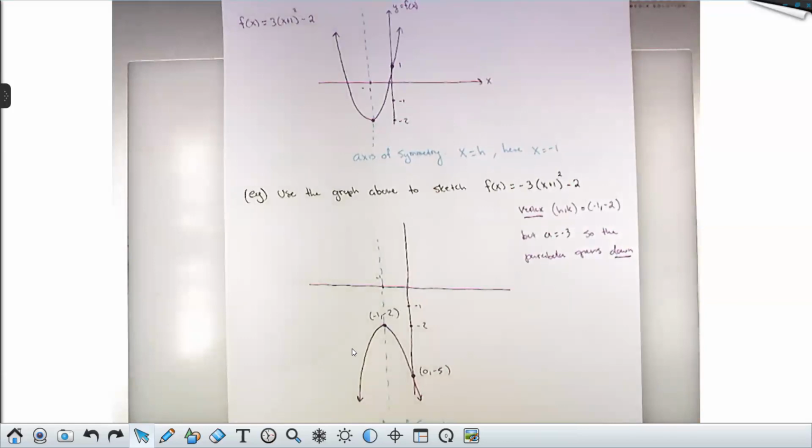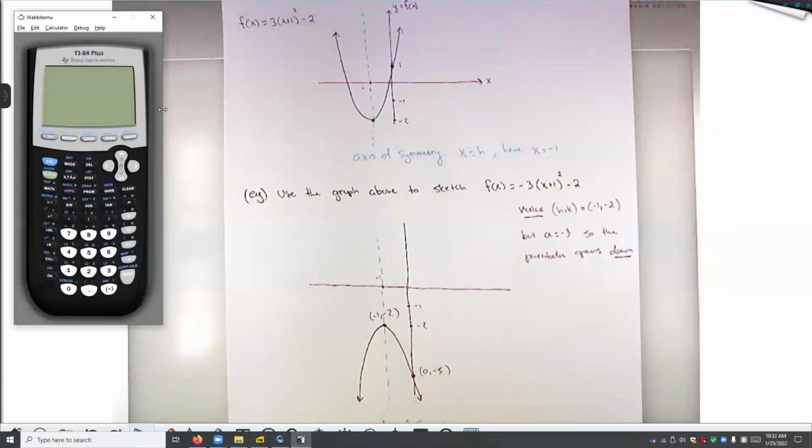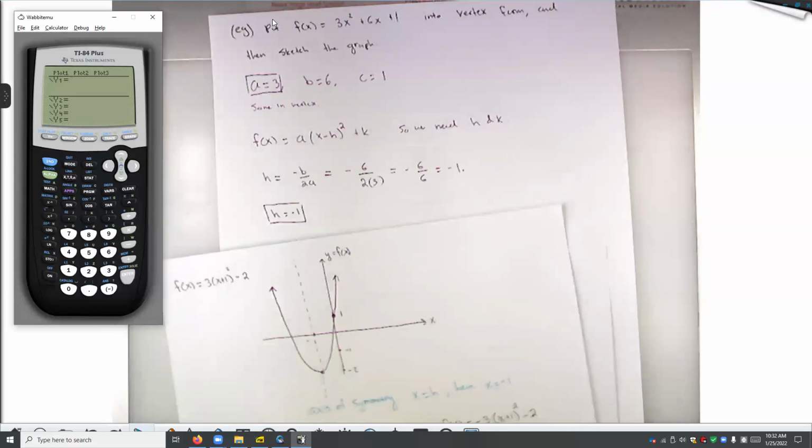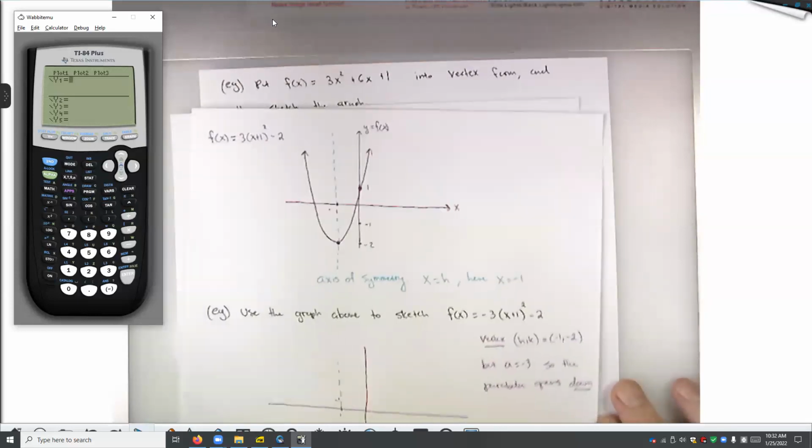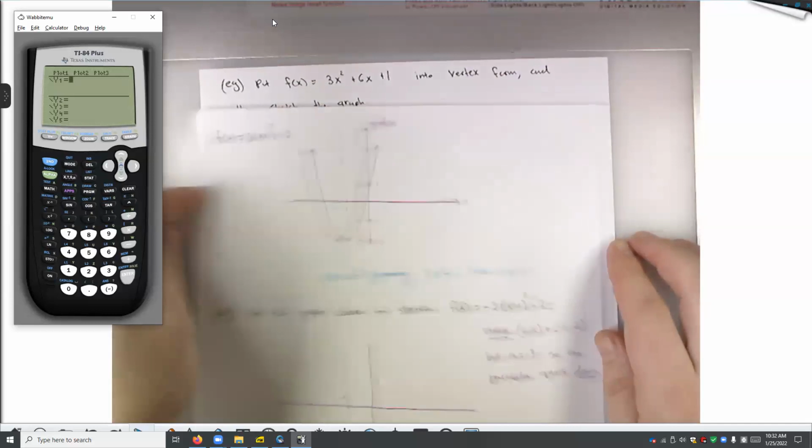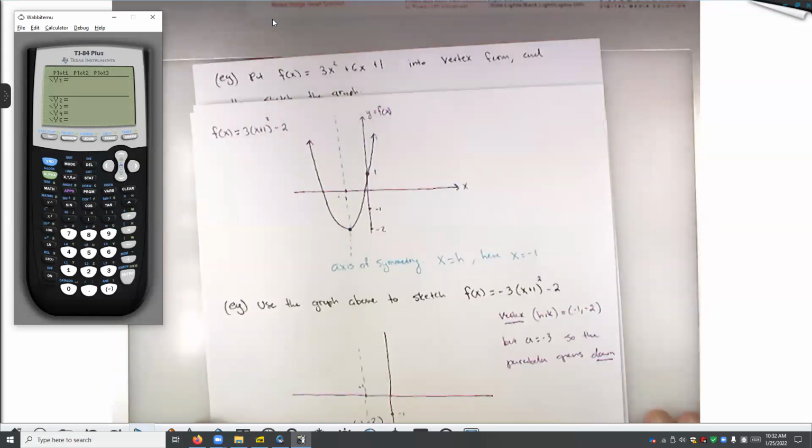Okay, let me pull up the calculator. We can check our graphs. If I wanted to graph these things in the calculator, I turn it on, hit y equals, and type my function in. You can type it in any form you want. Let's type this guy in the standard form, the form that he was first given. We can see how good a job we did converting to vertex form and graphing.